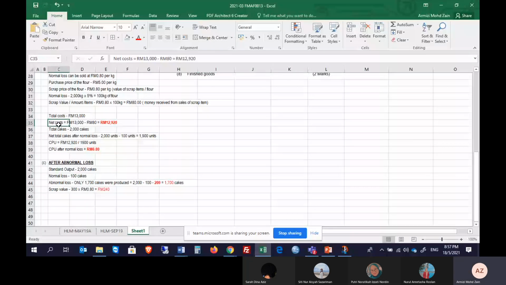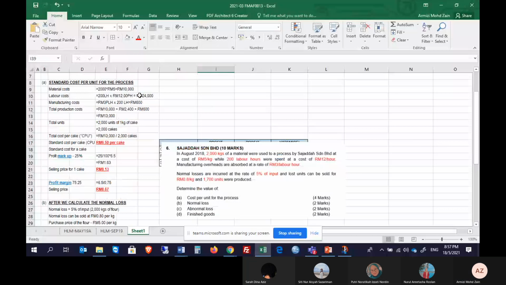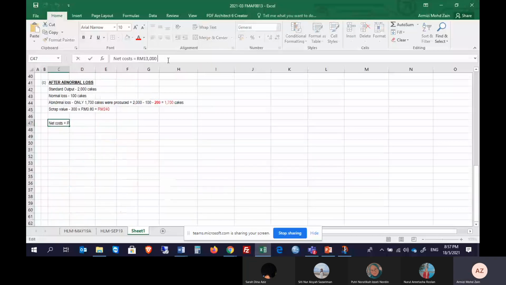So net cost equal to RM 13,000 minus RM 240.